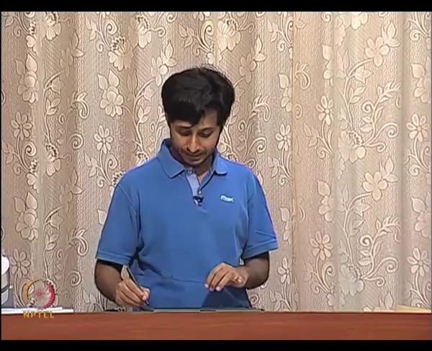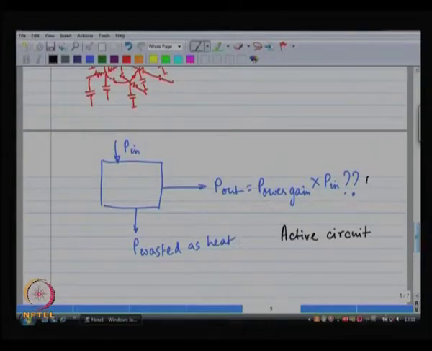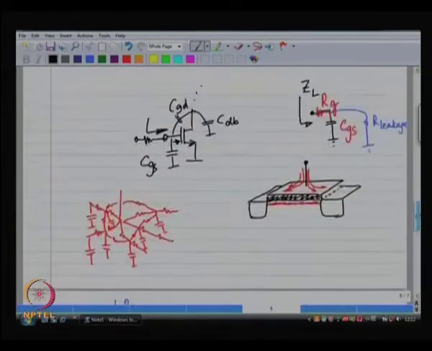So, I am pumping in power from the power supply, and that is how the power delivered to the load is going to be more than the power coming in from the signal. So, this is the basic idea. So far so good.